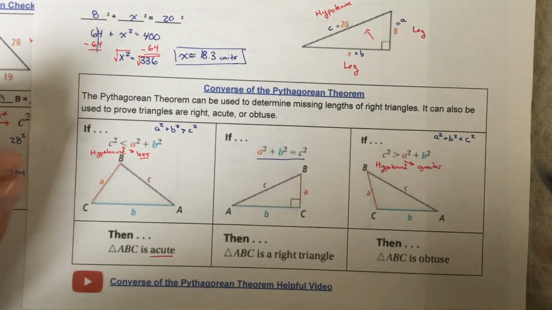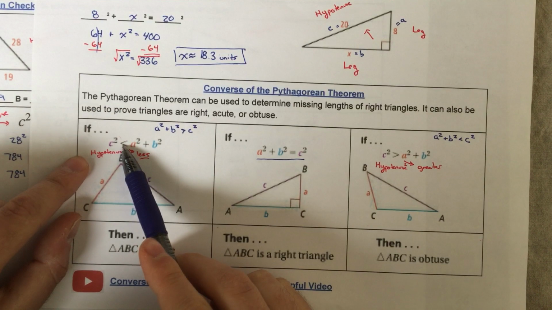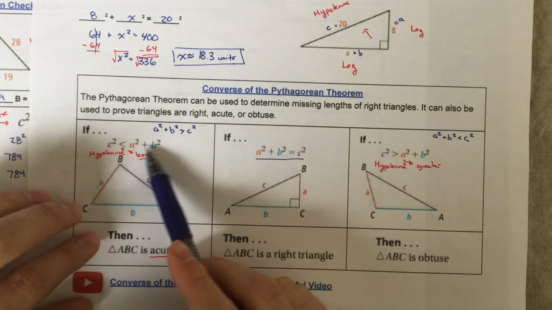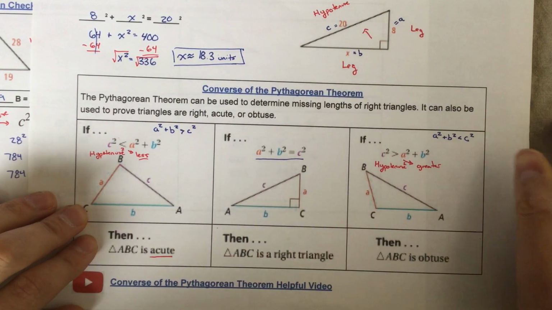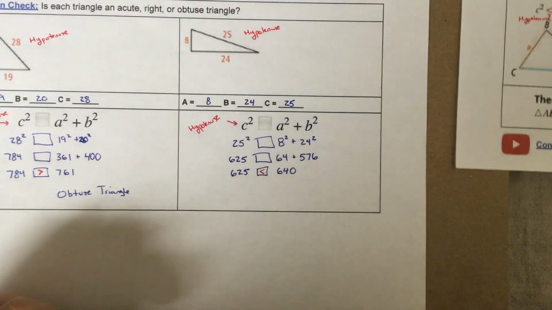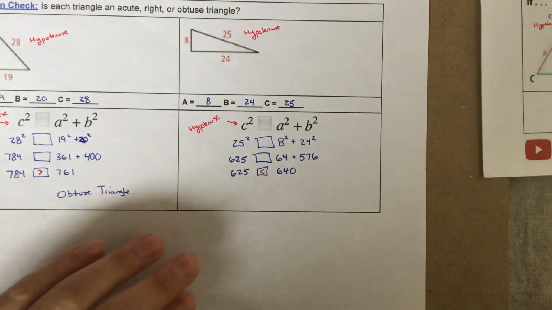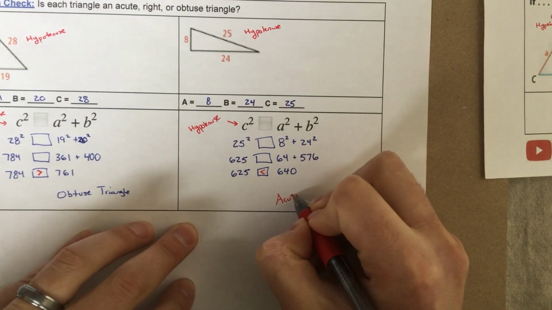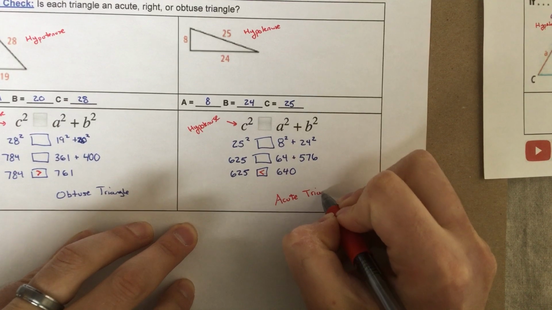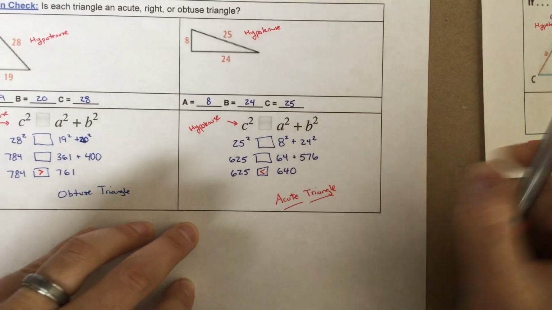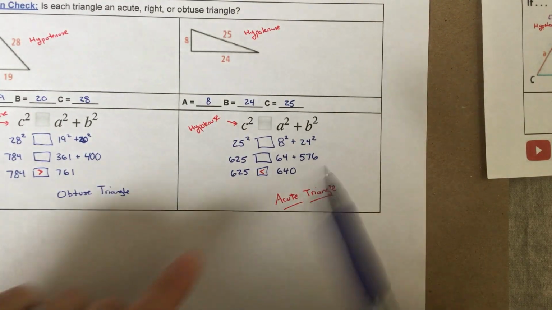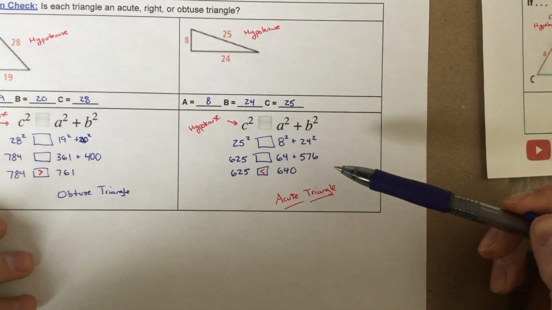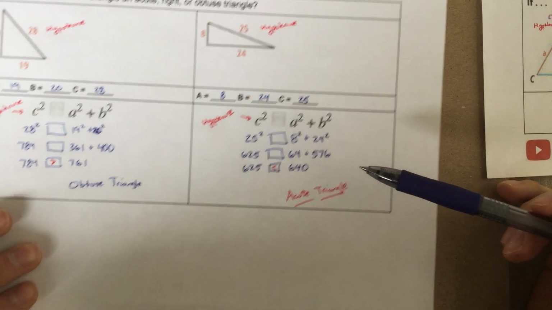If the hypotenuse is less than the sum of the one leg squared and the other leg squared, then it is acute. So in this example, this triangle would be acute. Okay? If these were equal, it would be a right triangle. Unfortunately, it is not.